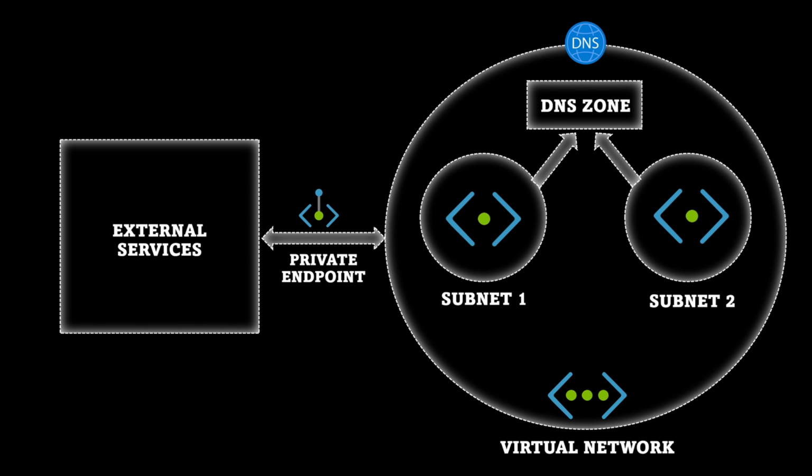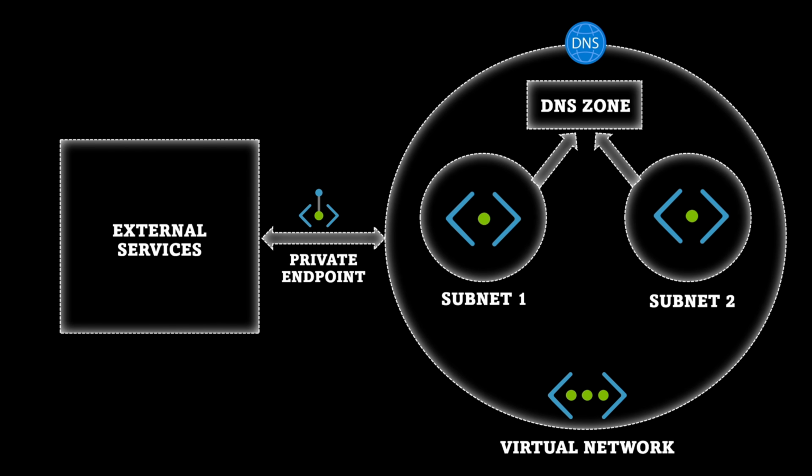So by default, these services are accessible over the public internet. A private endpoint solves this by creating a secure private path between your virtual network and the external service. This means your resources in the virtual network can talk to the service directly over the private network without ever exposing traffic to the public internet.